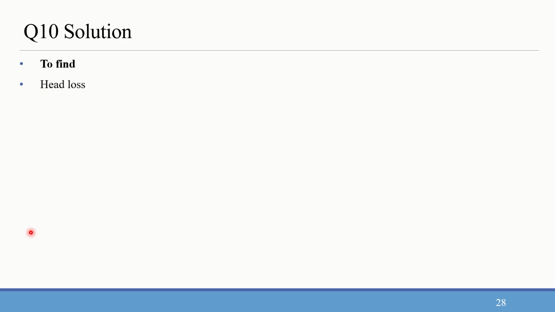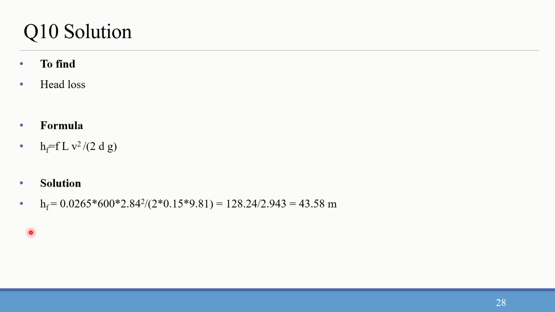So we have to find the head loss, and the formula is again, as I mentioned, f L V square by 2dg, which is a straightforward thing. So the solution is again, we have to substitute everything in the formula. hf is equal to 0.0265 into length is 600.